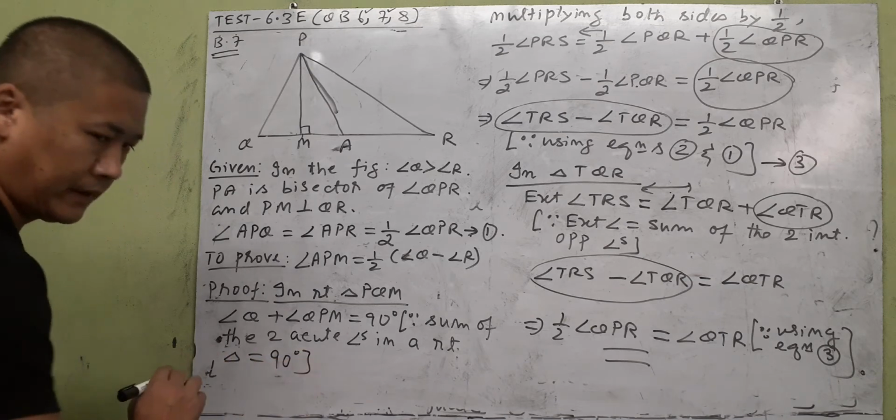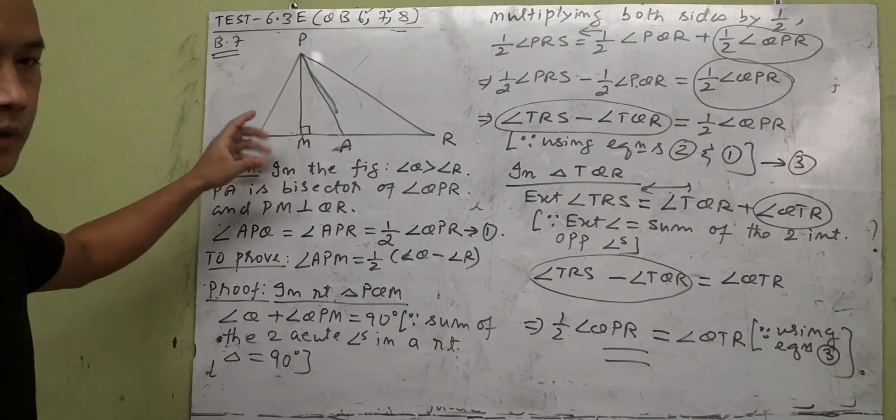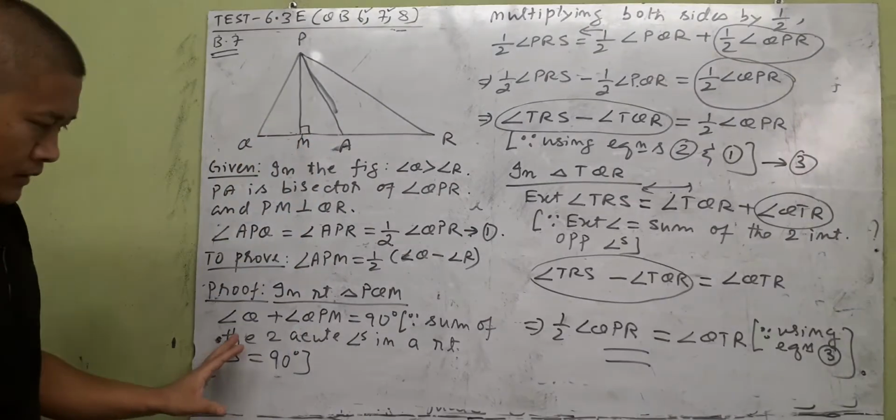We know that in a right triangle, one angle is 90 degree, the other two are acute, and those two acute always put together 90, because 90 plus 90 is 180, right? So this is the thing.